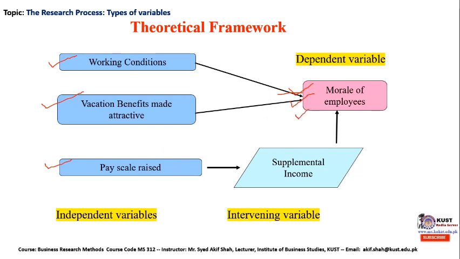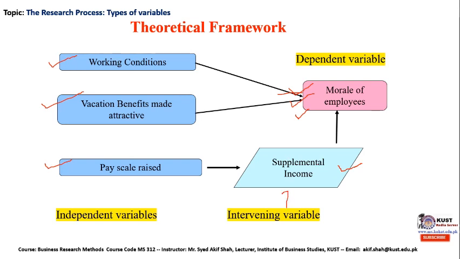Now, even though the pay scale had been increased by the manager, an additional variable, known as an intervening variable, which was supplemental income, starts surfacing while this independent variable is influencing the morale, or dependent variable, of the employees.